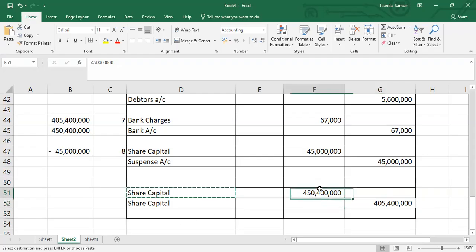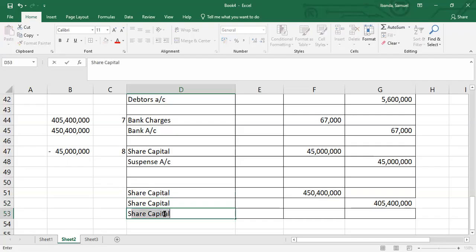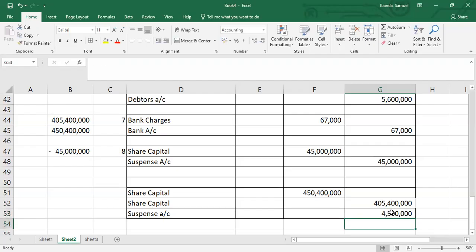Then you look at this side, and it is not balancing, because of the difference. You bring in your suspense account right there to cover up the difference, which is 45, because this side is 450 million and this other side is 405. So you have your 45 million.